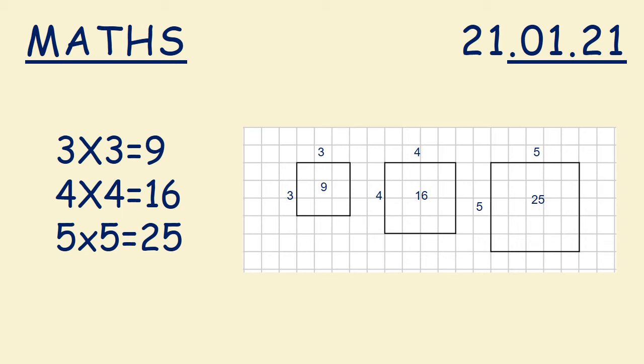So the area of this square is 25 square centimeters. To find the area of any square, you need to multiply one side by another side. Remember, all sides are equal.